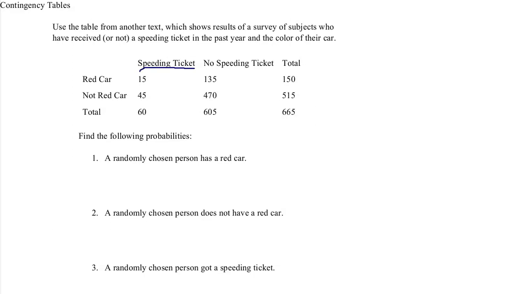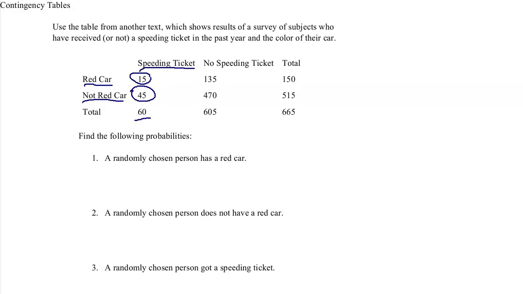We have 15 people who had red cars and got a speeding ticket. Of people with a speeding ticket, 45 did not have a red car, and a total of 60 people got speeding tickets altogether.